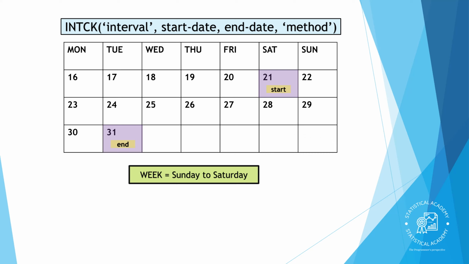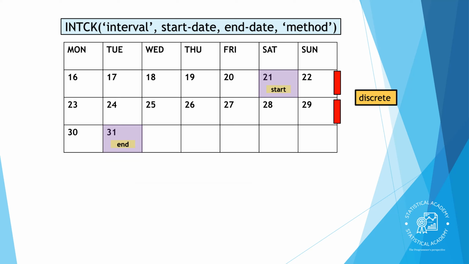A standard interval boundary for a week begins on Sunday and ends on Saturday. Here, there are two end of week boundaries that occur. The first between July 22nd and 23rd, and second between July 29th and 30th. This method for calculating interval boundaries is called discrete, and it is the default for the intck function.